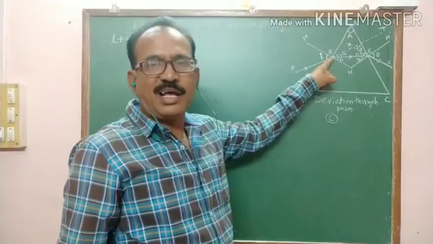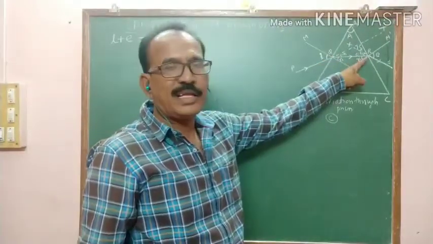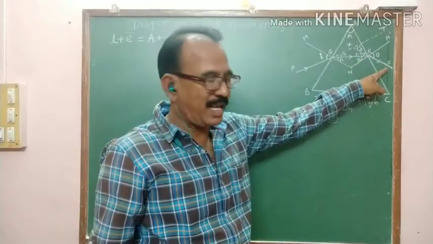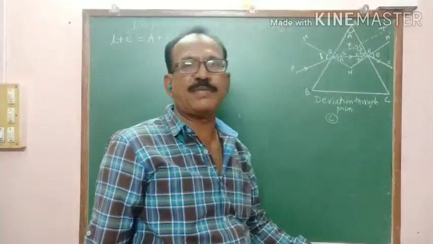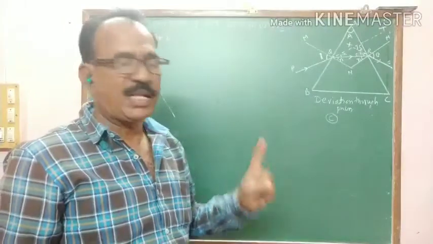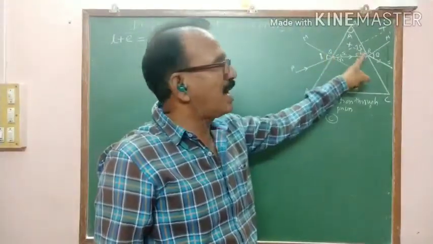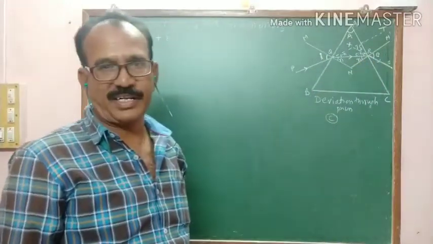PQ is the incident ray, QR is the refracted ray, and RS is the emergent ray. You can see this figure on page number 172 of the State Board textbook.